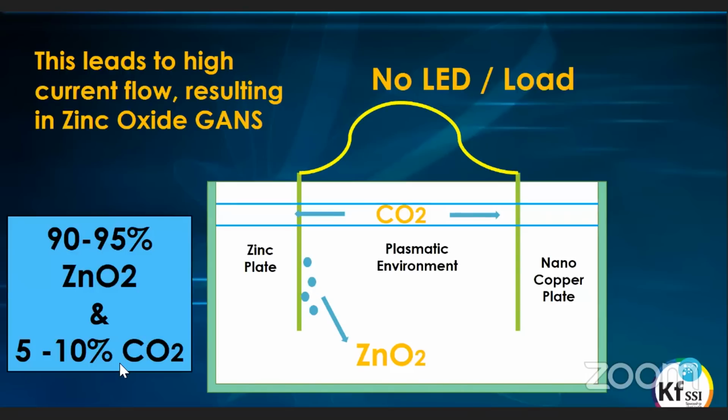And so essentially what they're creating is 90%, 95% zinc oxide and very little CO2. There's nothing wrong with that because zinc has its uses, but it's just a case of one needs to know what you are wanting to produce and what you are creating. So it's very important to understand how you set your box up.